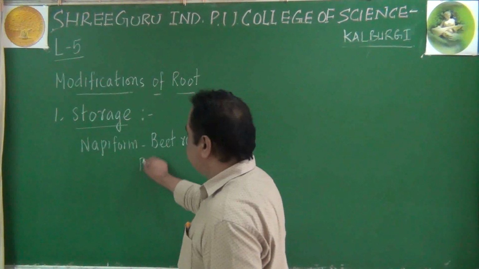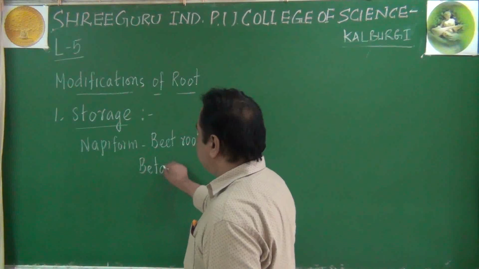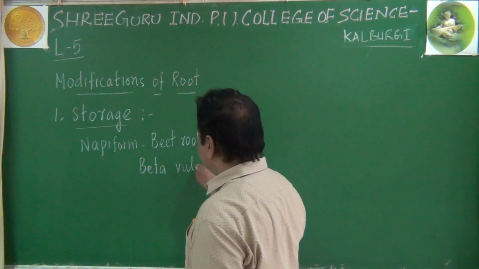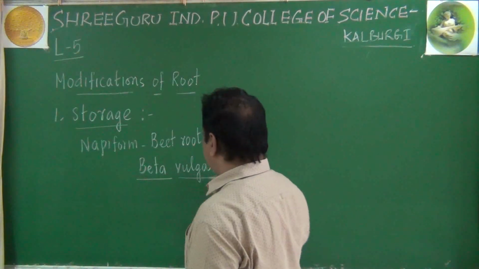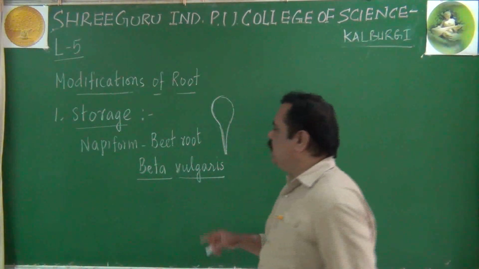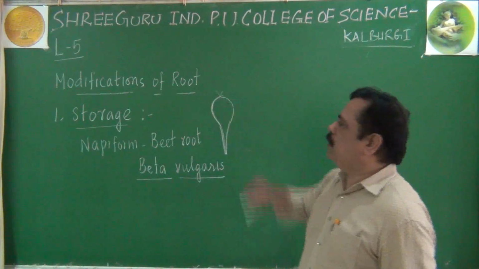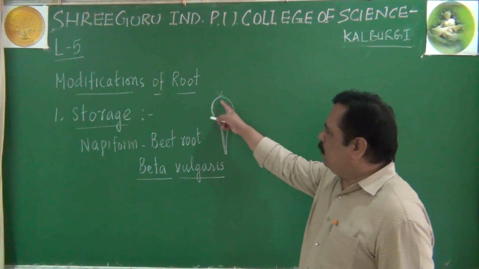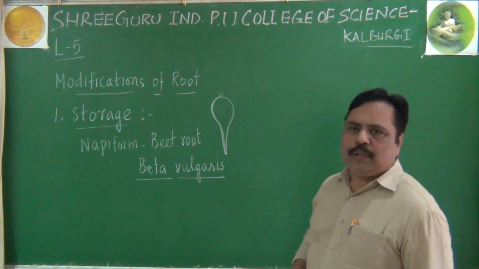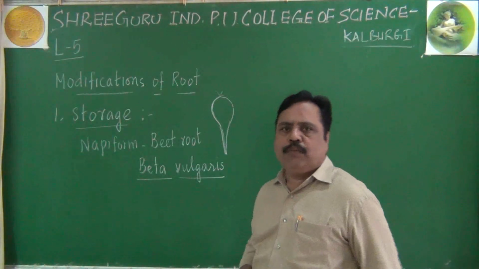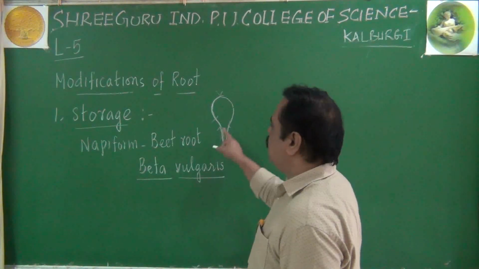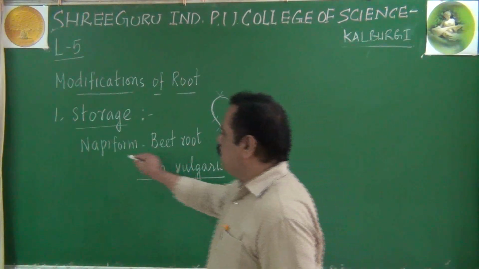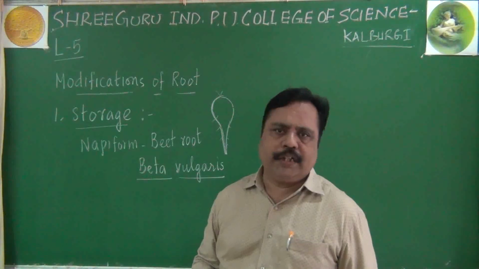Beetroot is biologically called Beta vulgaris, where it is exhibiting napiform modification. The primary root undergoes swelling due to storage of food material. The remaining secondary, tertiary roots will be formed here also. You may recall that is the napiform root modification.